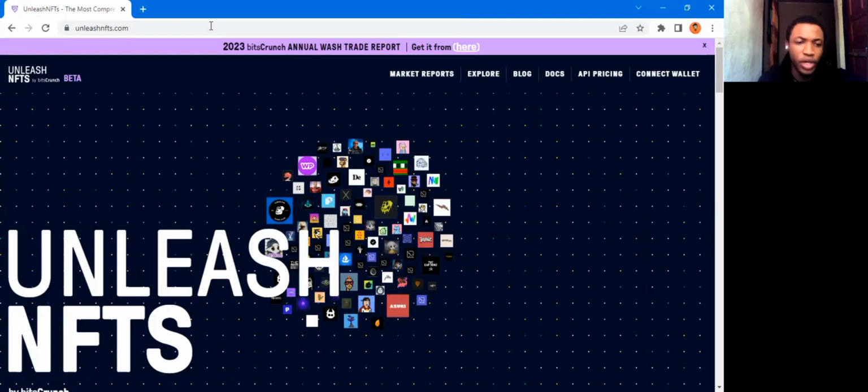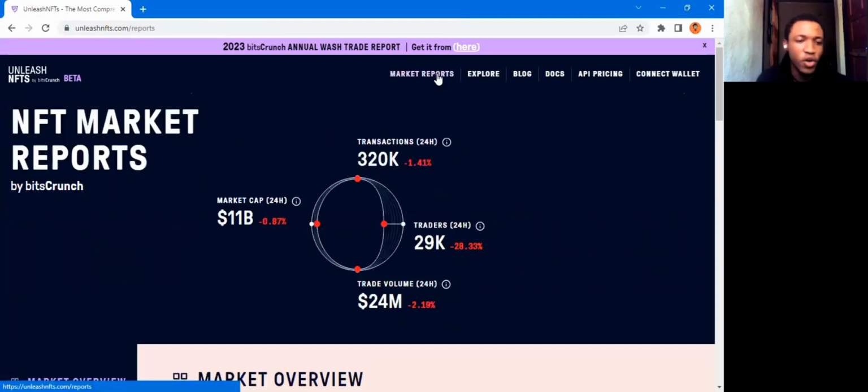So right now I'm going to dive straight into the market report section of this website because I want to know the overall state of the NFT market at this time. All right, so the first thing I see here is NFT market reports, and I have this graph in front of me that I think represents the overall state of the NFT market right now, showing the number of transactions in the past 24 hours, the market cap, traders, and trade volume, also in the past 24 hours.